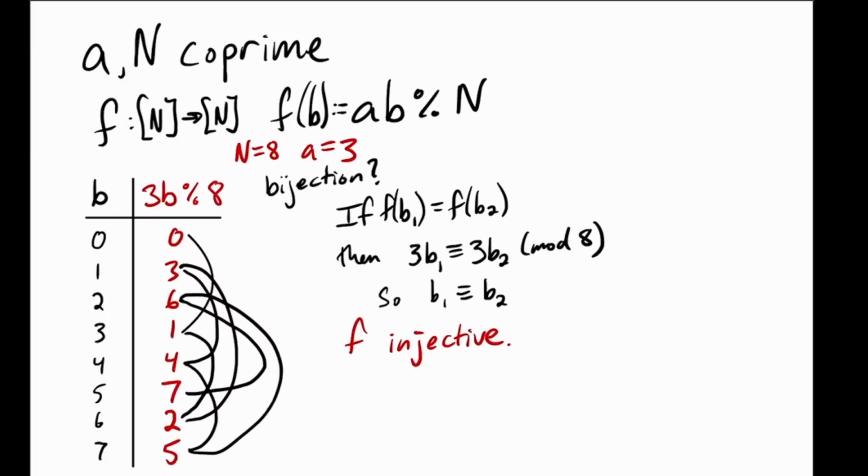Or the only way to get the same value is to start with the same value. All right, so that's injectivity. And if you have an injective function on a finite set like this, it's also going to be bijective. All right, we'll use this in just a minute.